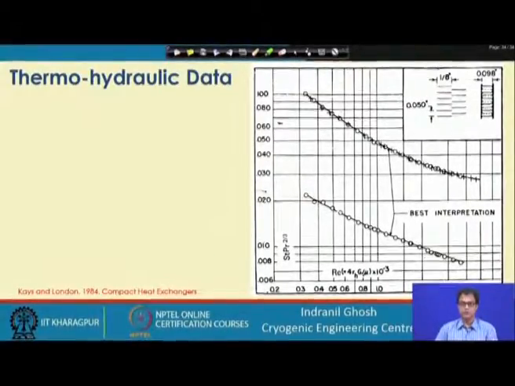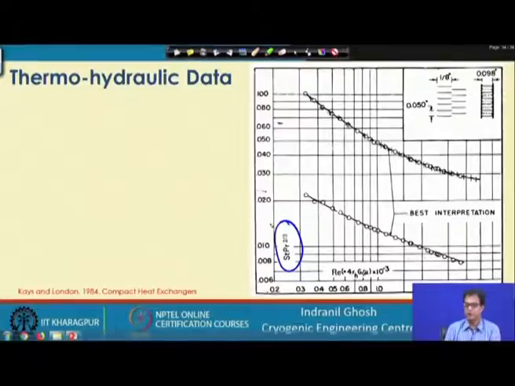This j is basically the Stanton number times Prandtl number to the power 2/3. Here it is given as Stanton number, Prandtl number to the power 2/3, and all these dotted points are the experimental values. And this is the best interpretation.